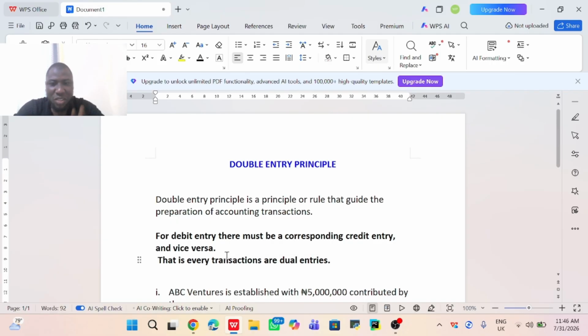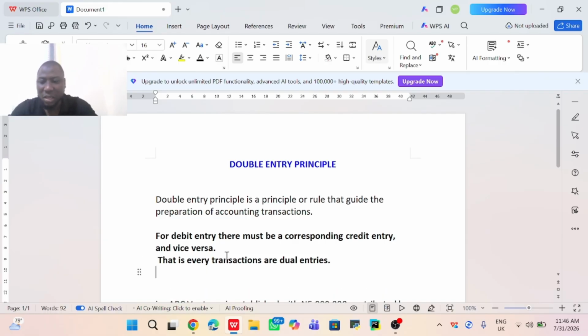You see, the transaction appears in two places, two times. You debit the car, you credit the cash. That's how it works. Again, this means you debit the receiver and credit the giver.